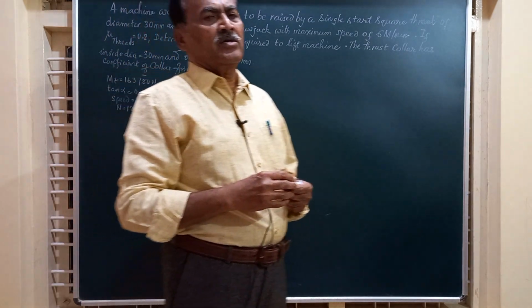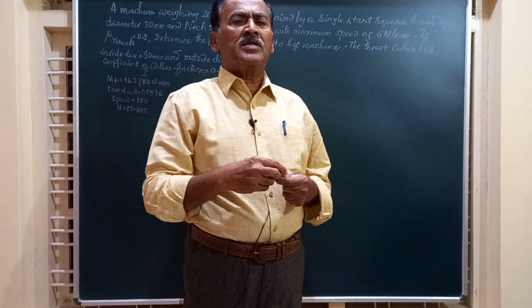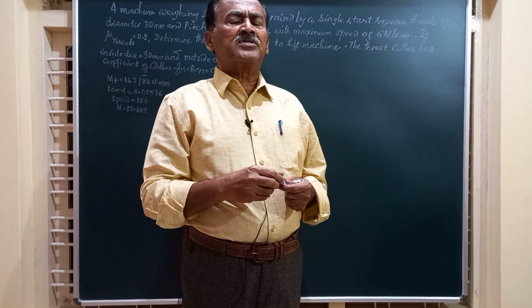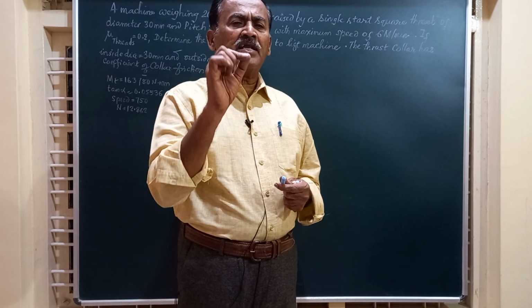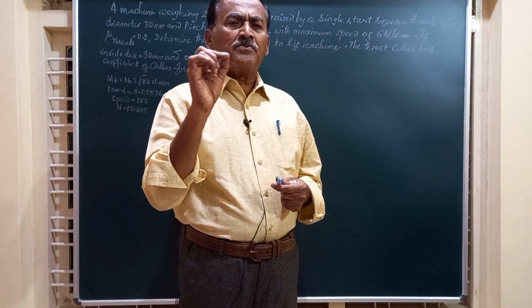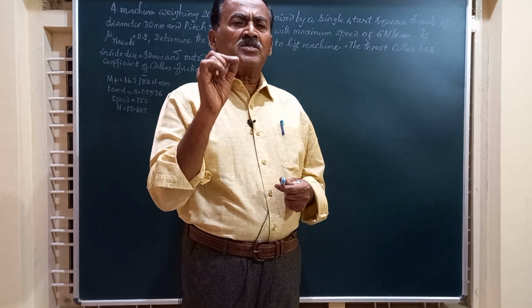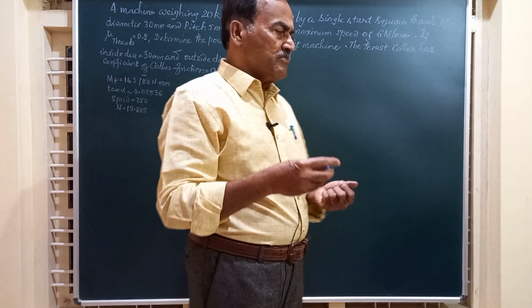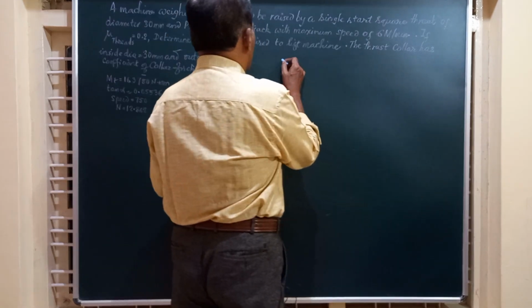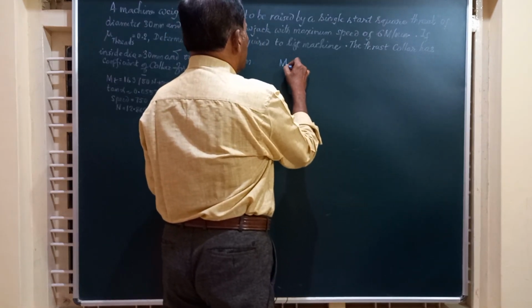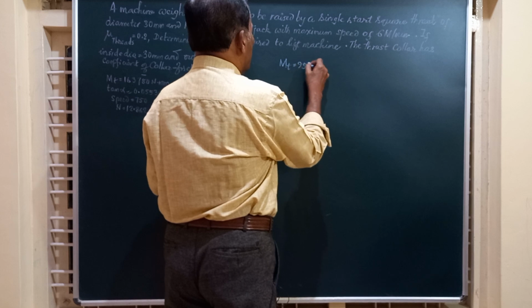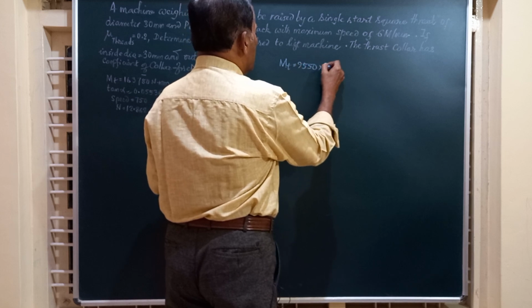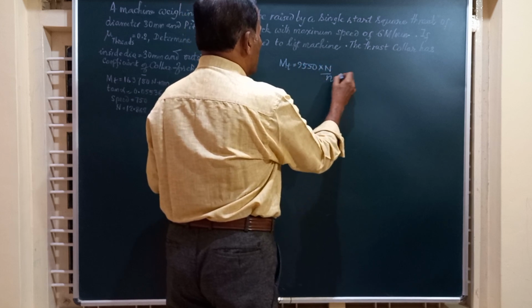So you know very well in all this machine design subject, there is a relation connecting the power transmitted, the torque and the speed of rotation, and that is being given by torque MT is equal to 9550 into capital N by small n.